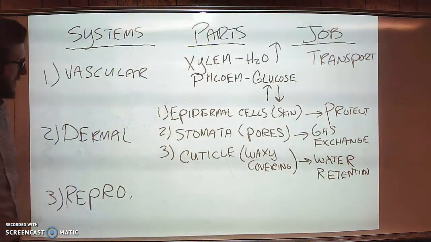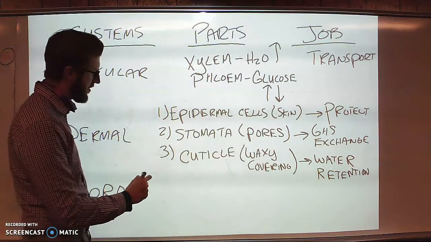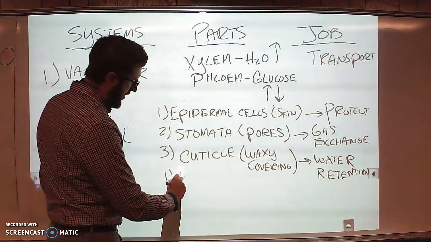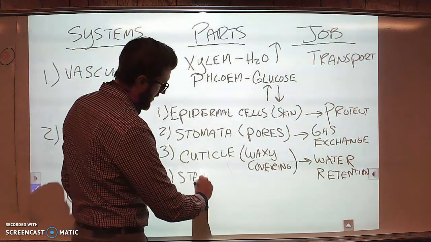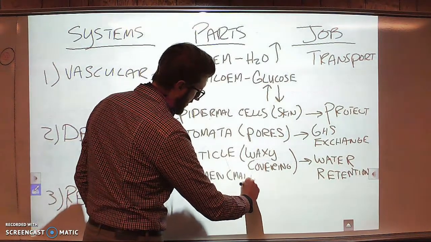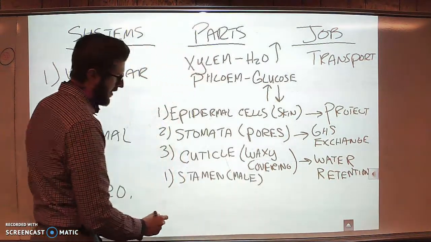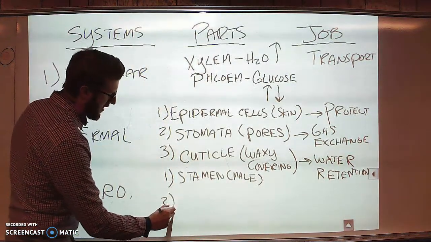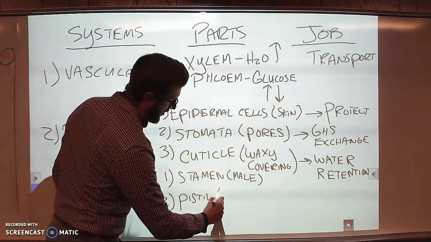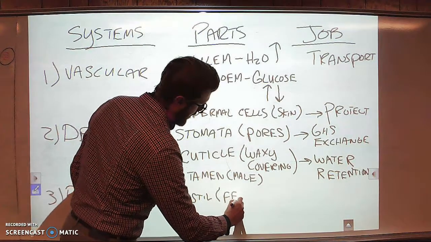And then the reproductive system. Okay, so the reproductive system has two parts. Part one is the stamen, which is the male part. And part two is the pistil, which is the female part.